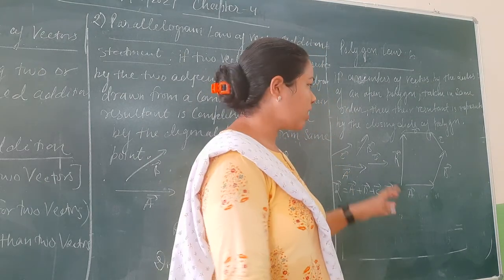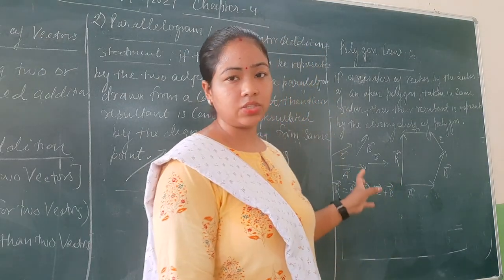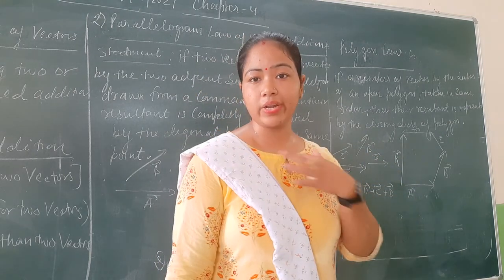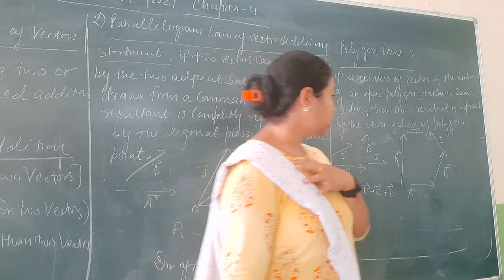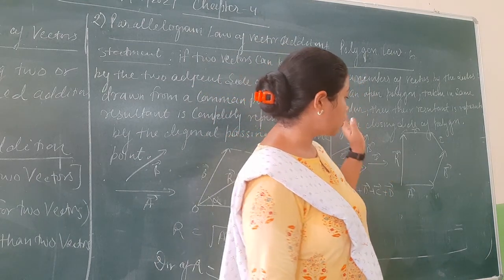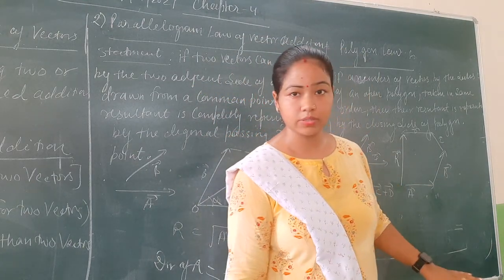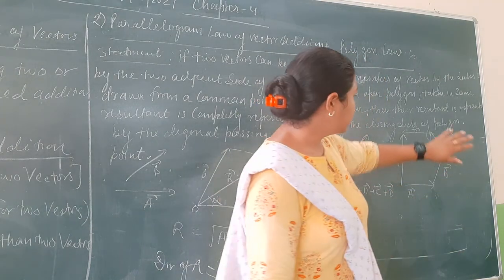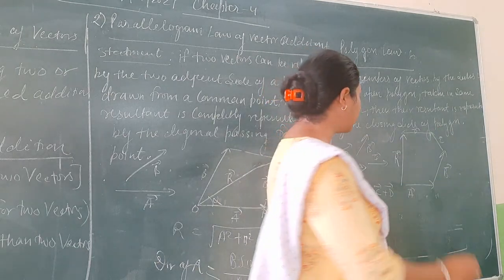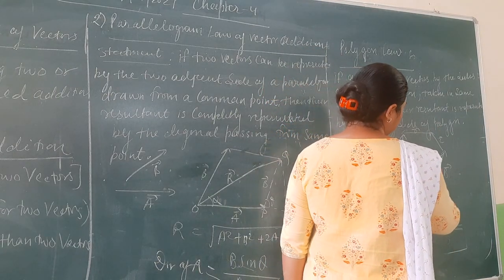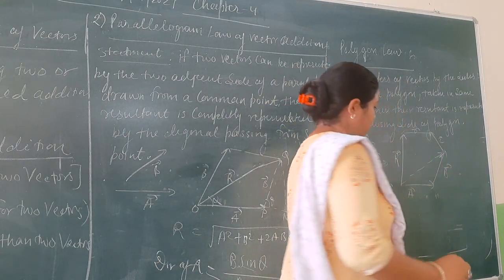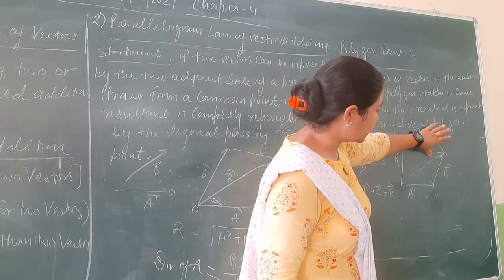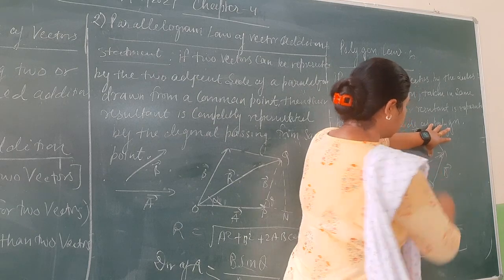Now we do not have a separate expression for that, but I'll tell you how to solve it. If we want to derive the expression for the polygon law of vector addition, how will you do it? Very first, take these two vectors, vector A and vector B, which are in the same order. Now just leave the other vectors. Now I'll draw one line from here, and this line will represent the resultant of these two vectors.